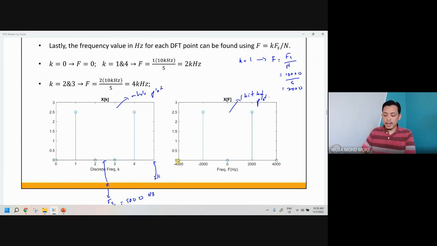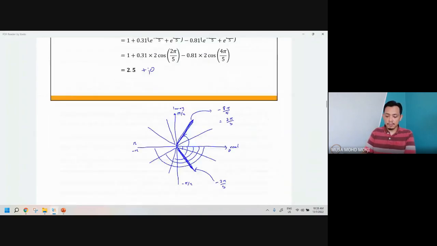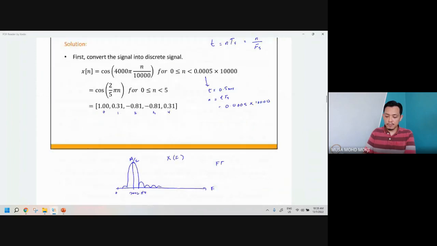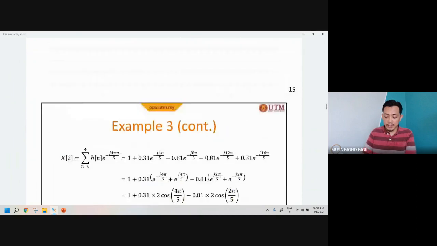And if we look back at our example, our original signal in the time domain, so it is true, because what is our f? The frequency in hertz for this signal is 2000 hertz. Okay, so that's why this is actually expected.